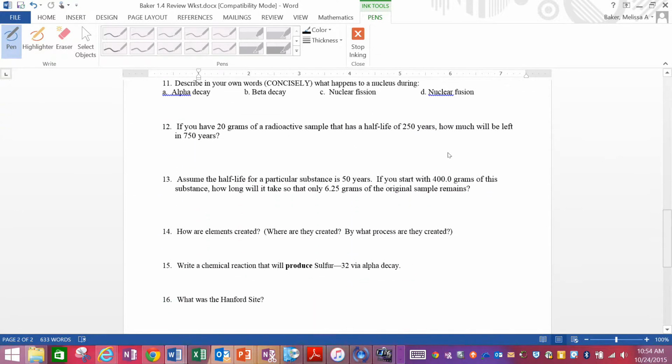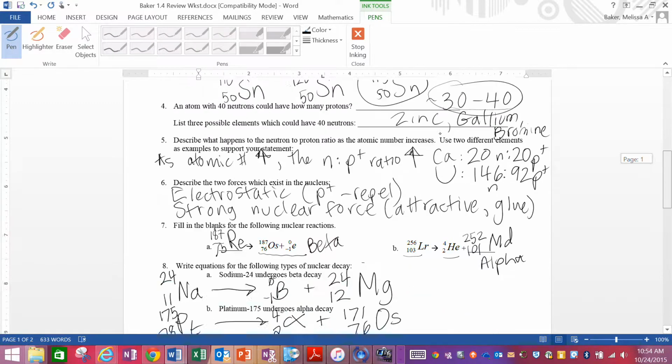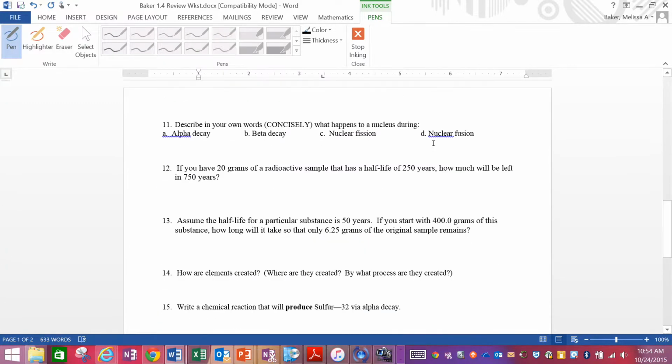Number 11, describe what happens to the nucleus during each of these things. During alpha decay, 2 protons and 2 neutrons are lost. Total mass change of 4. During beta decay, a neutron becomes a proton.